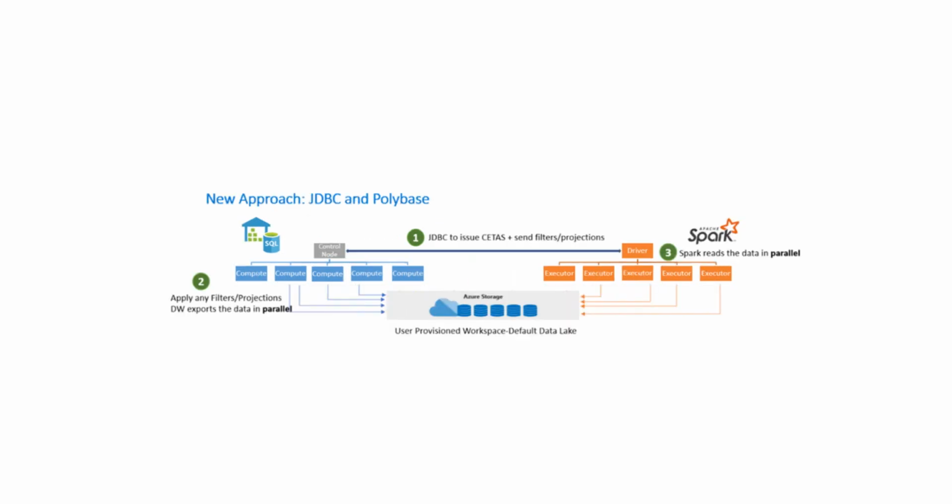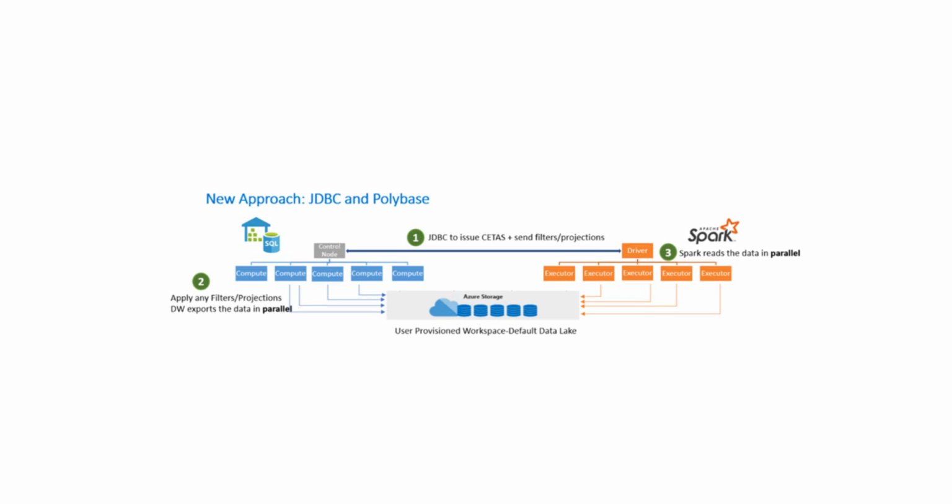For the new approach, it uses both JDBC and Polybase. First, JDBC opens a connection and issues a CREATE EXTERNAL TABLE AS SELECT statement with a filter and projection. The filter and projection are applied to the data warehouse, and the data is exported in parallel using Polybase.